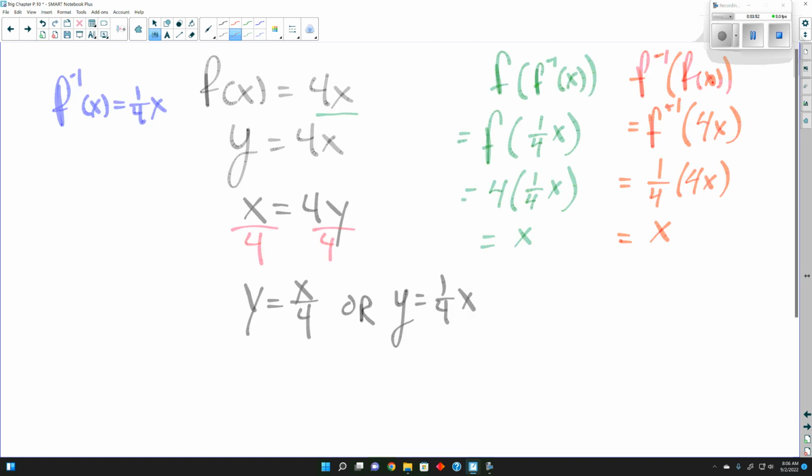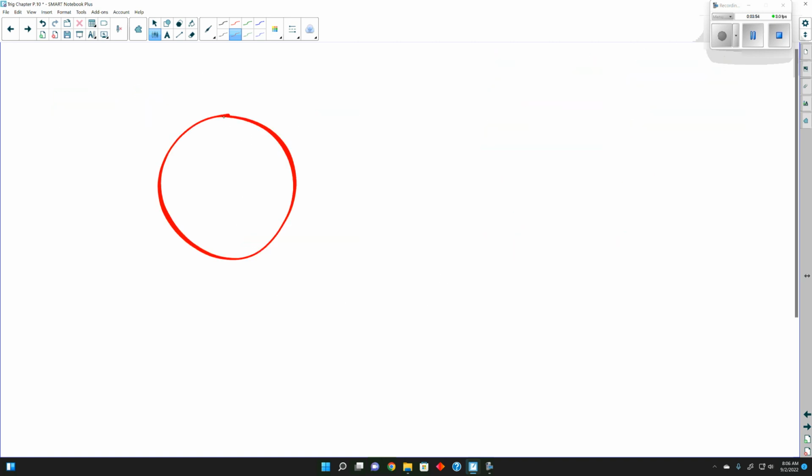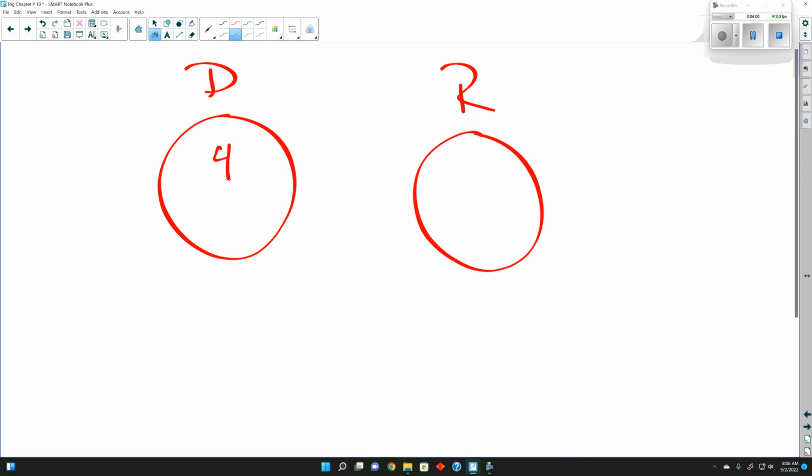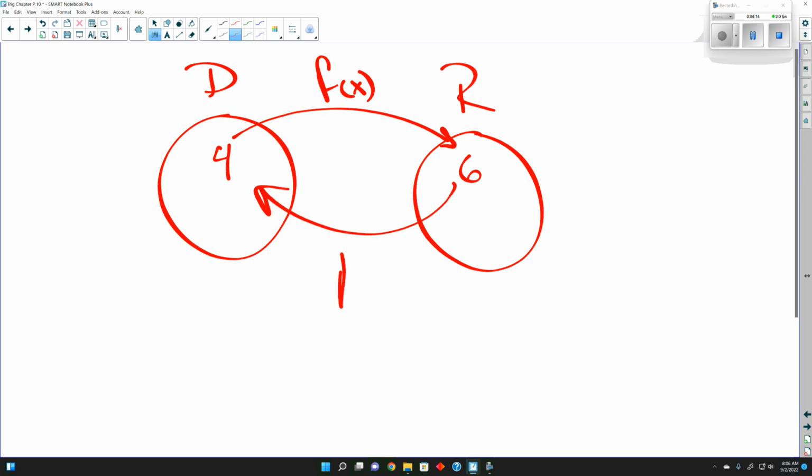I think this will make a little more sense if I did this here. So domain and range. And what we're saying is the number 4 will say go to 6. f of x, given a certain function, will take a domain value to a range value. Yes? And all it's saying is that, again, that inverse function undoes it.